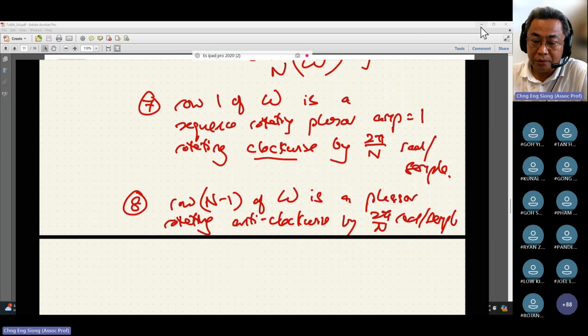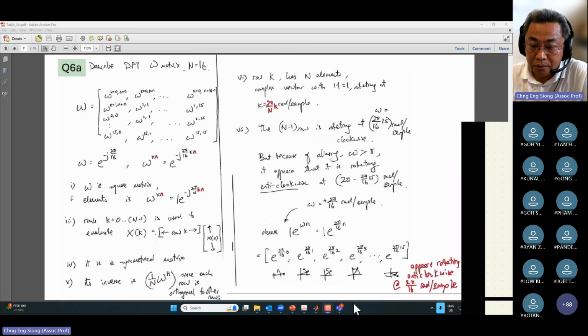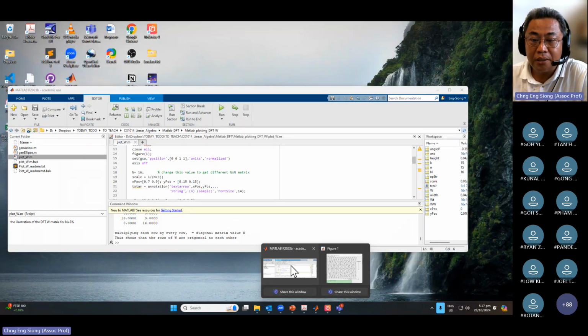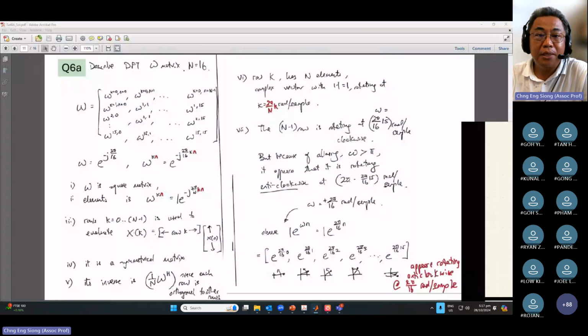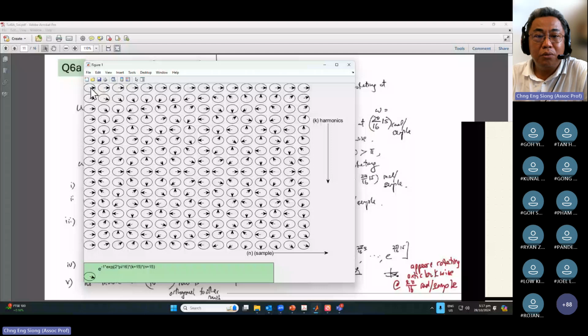Why? Let's go and run our MATLAB again as usual. You can see this is the MATLAB diagram. The first row, row 0, doesn't rotate. The next row rotates clockwise. Here N is 16, right? So every time it's rotating a little bit, a little bit. Let's look at the last row, guys.